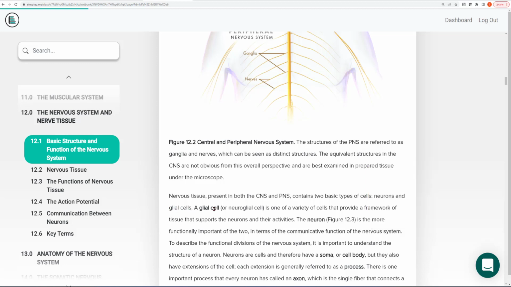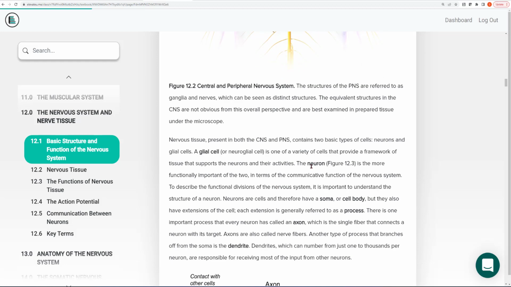So the glial cells glue together the nervous system. The glial cells, also called the neuroglial cells, exist in nerve tissue. We're going to spend most of our time looking at the neuron, but I will be describing a few different glial cells as well.